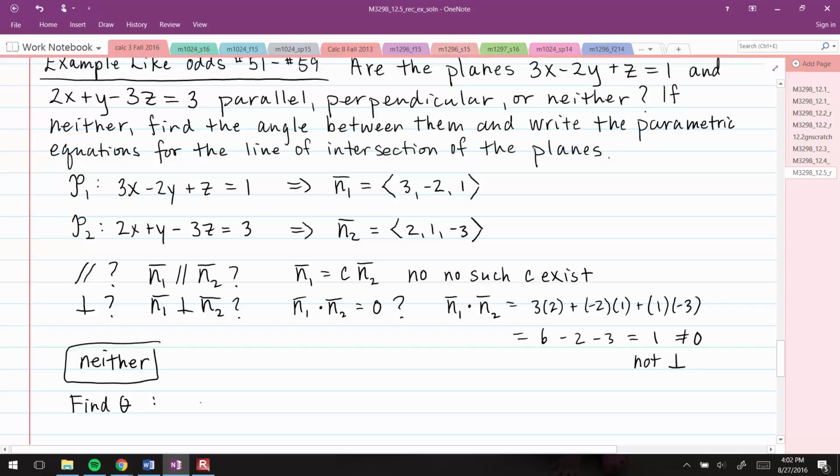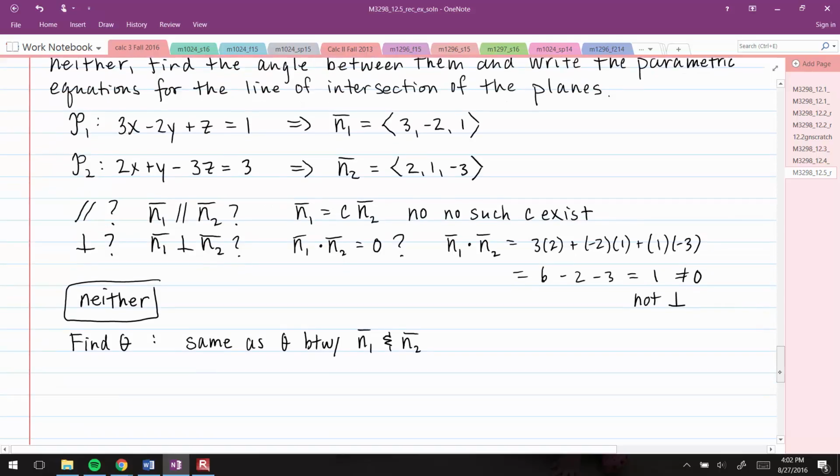So we're going to find theta, the acute angle between the planes, by finding the same theta between the normal vectors of those planes.